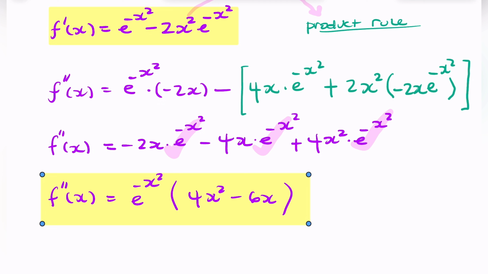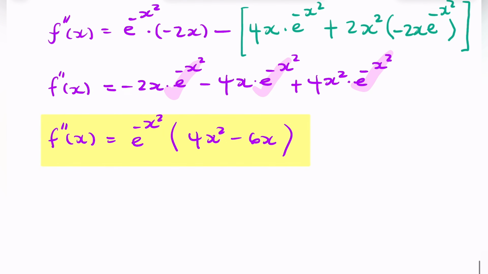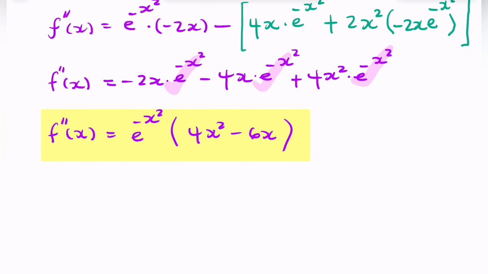How do I find the nature? Well, I need to substitute the values of x1 and x2 and determine whether the second derivative is positive or negative. So let's look at f double dash of x1. So that's f double dash of 1 over square root of 2.